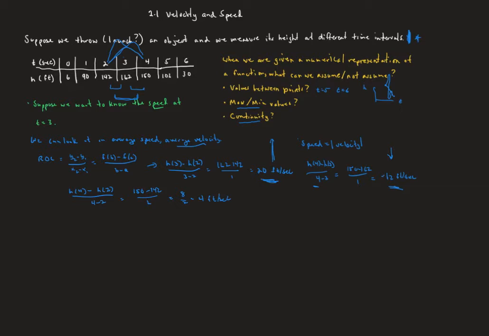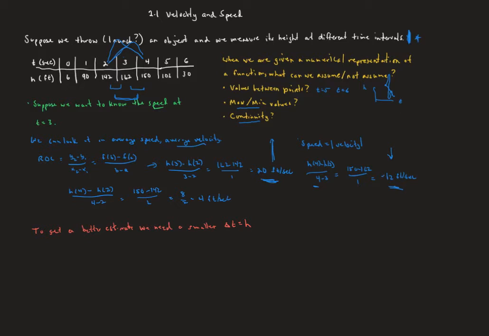So to get a better estimate, what we need is a smaller delta t, which we will sometimes refer to as h.